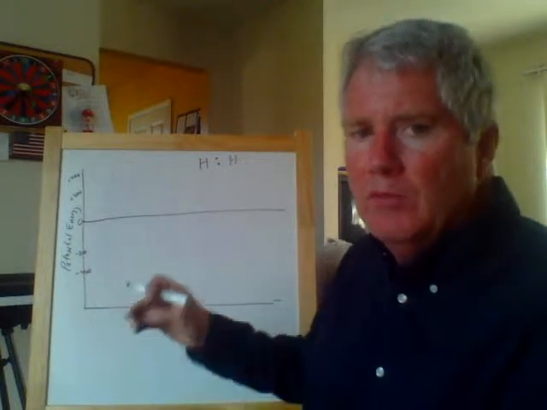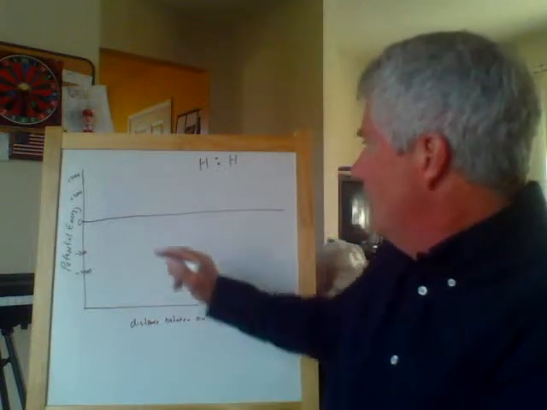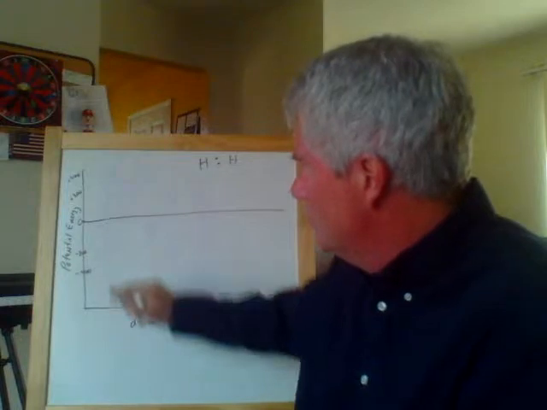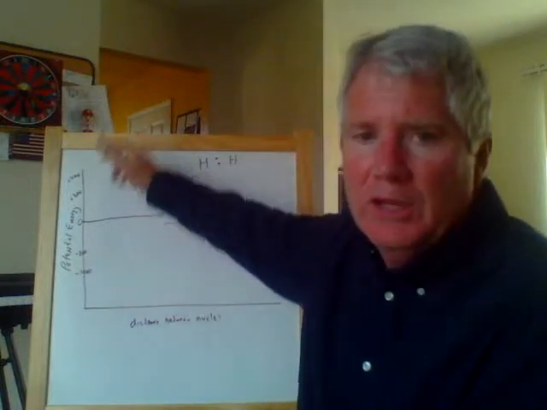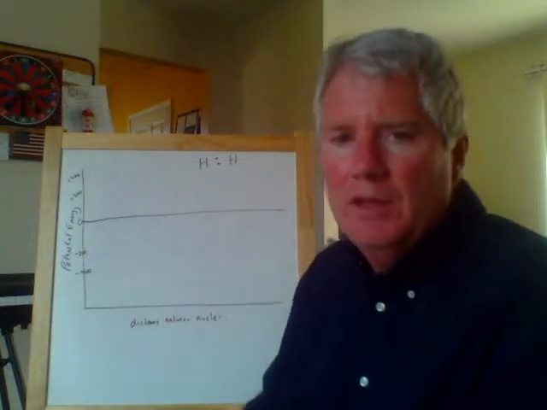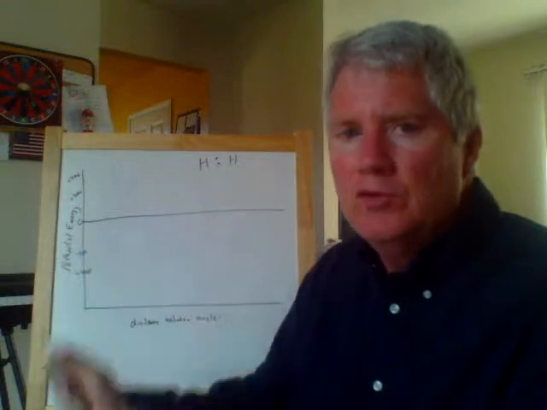I want to illustrate one thing, though, that introduces a couple of concepts. I've got a graph started here, where the y-axis is the potential energy, essentially how much energy is in the system, and I'm going to draw that relative to two hydrogen atoms.